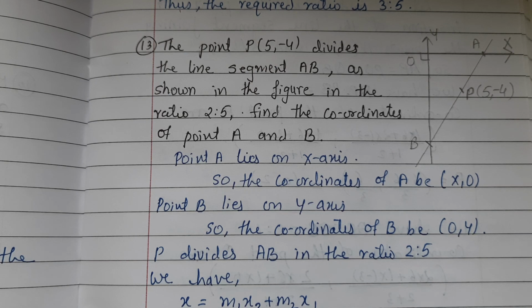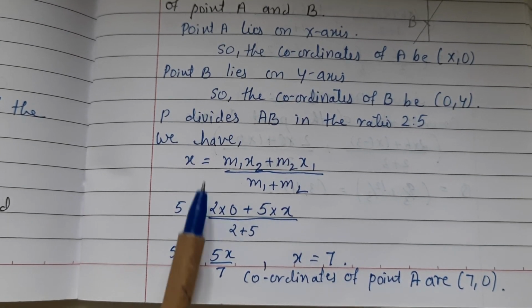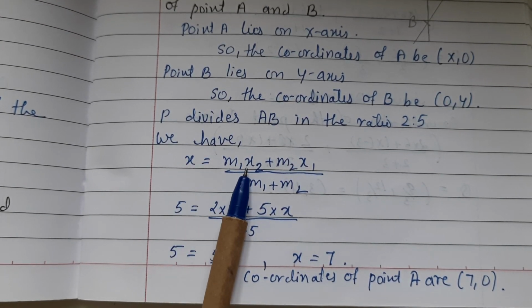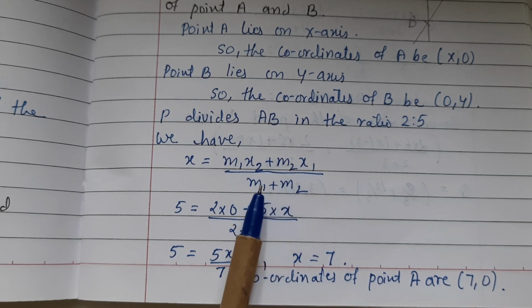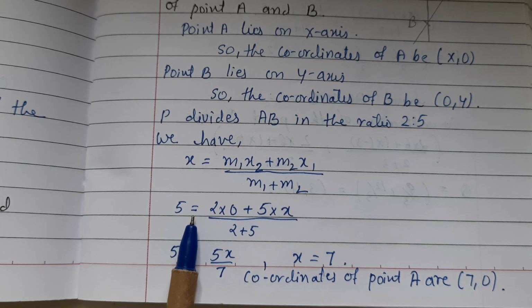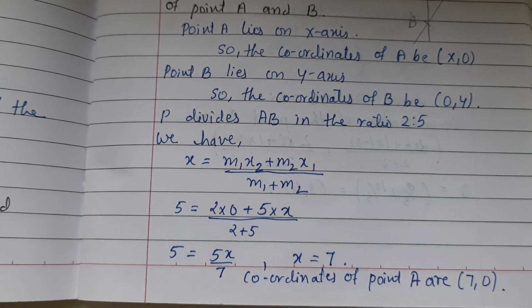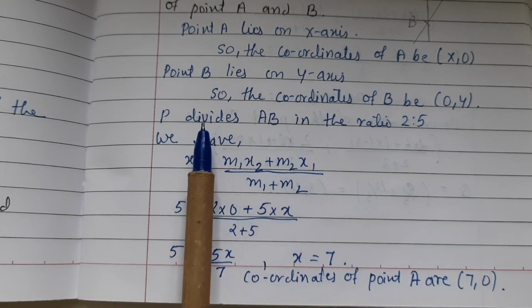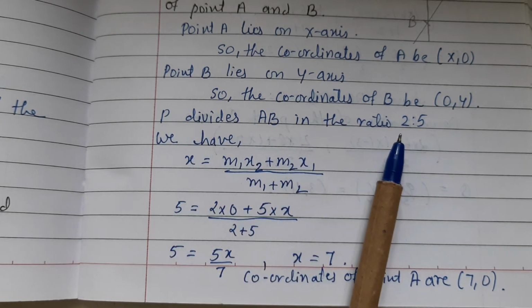Therefore, we have x coordinate equal to (m1 x2 plus m2 x1) upon (m1 plus m2). P divides AB in ratio 2:5.